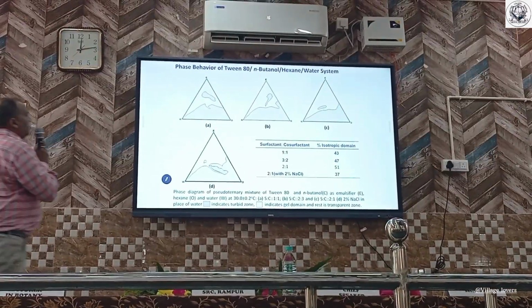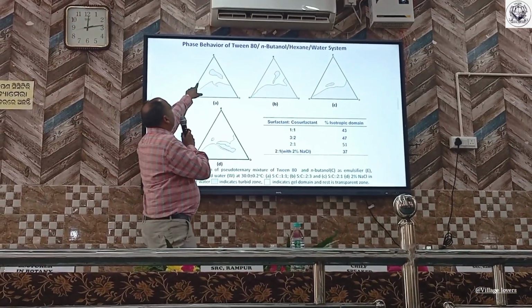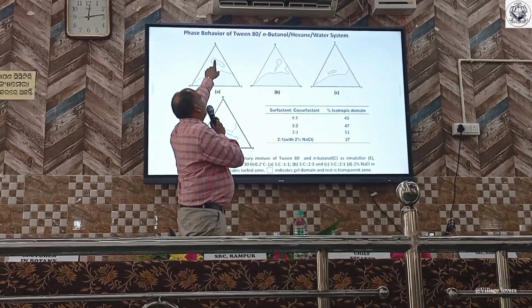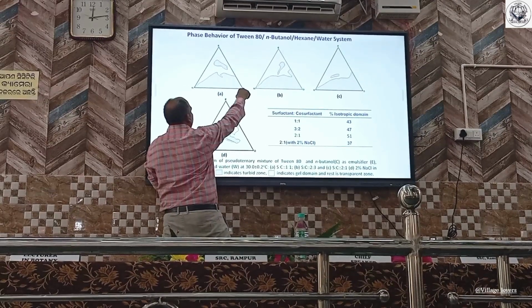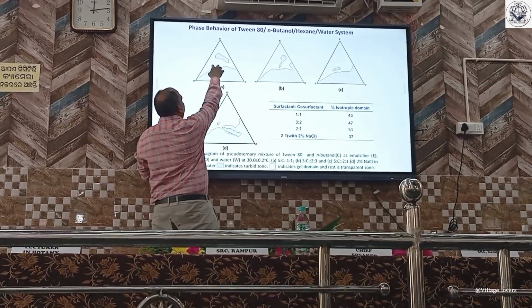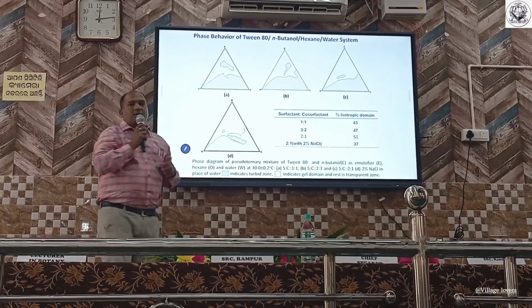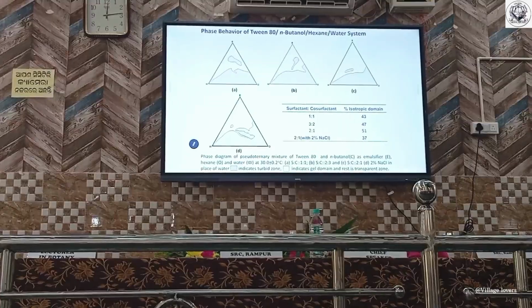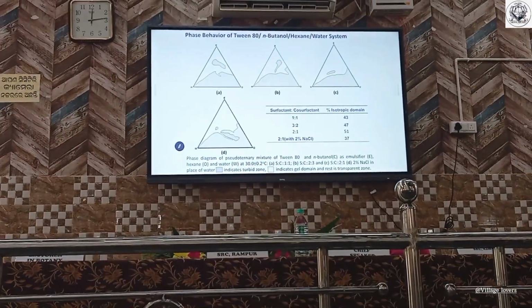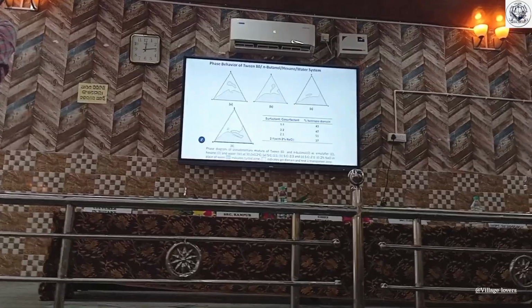One component is emulsifier, then water and oil. This corner is 100% emulsifier, this is 100% water, this is 100% oil. This is the microemulsion region and this is the biphasic region. In this way, we can form a number of phase diagrams. So the phase diagram tells about the behavior of the surfactant solution.